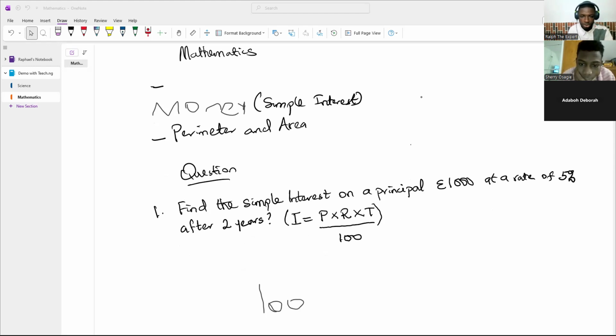So what you want to do there is substitute all the values that were given in the question to ensure you're able to get the simple interest. So while you're on that, ensure you try your best to get the interest of how much you make after 2 years.